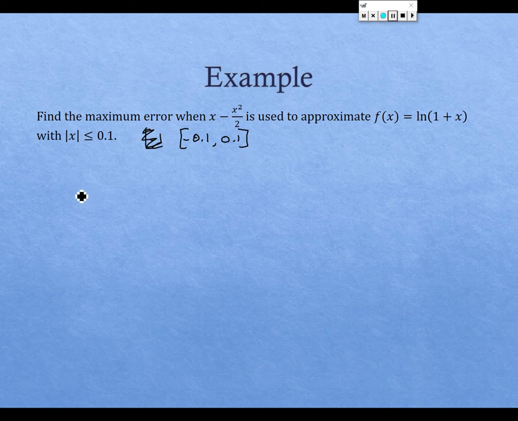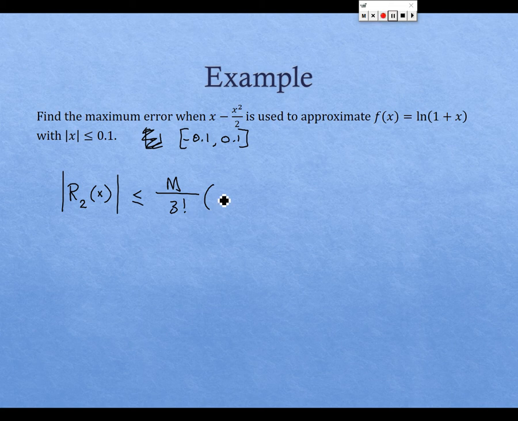We said that the remainder on the second order, we'll call it here, is always less than or equal to capital M over, well, help me out here. We'll figure out what capital M is in a minute, but let's figure out the rest of this. 3 factorial. The center happens to be 0 here again.